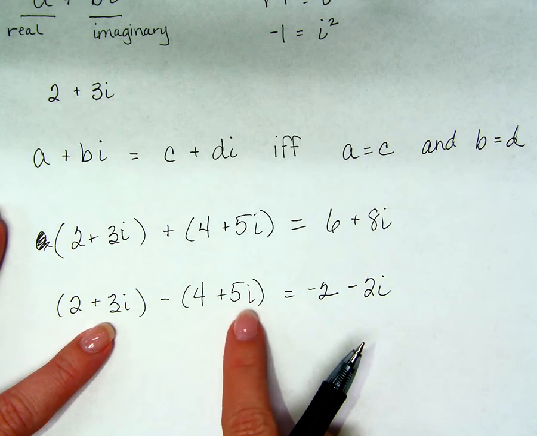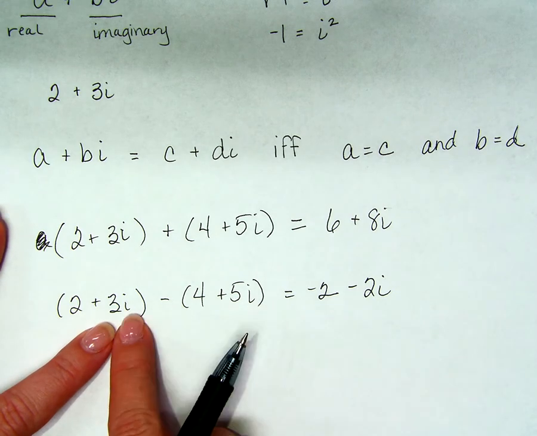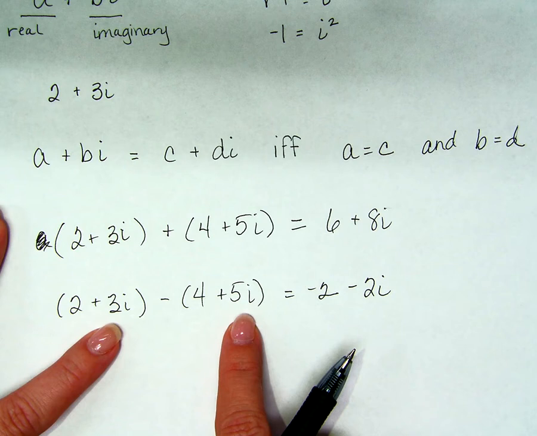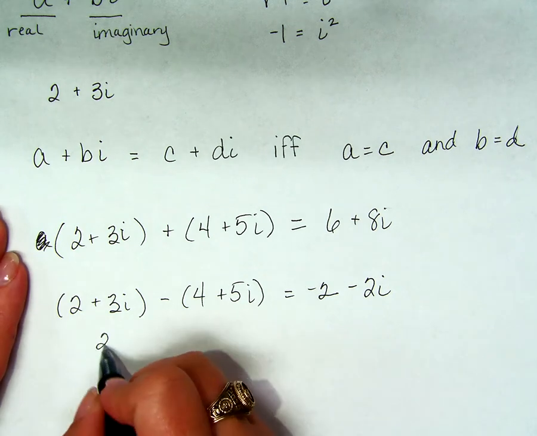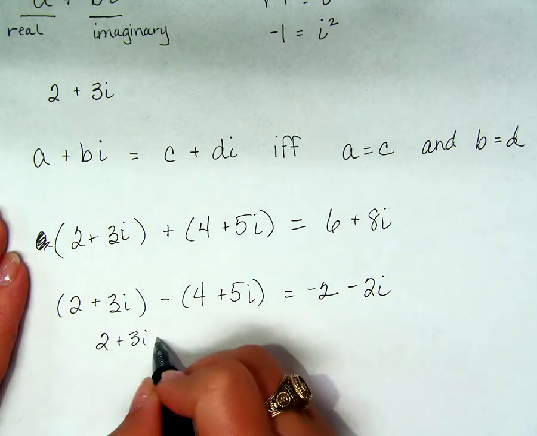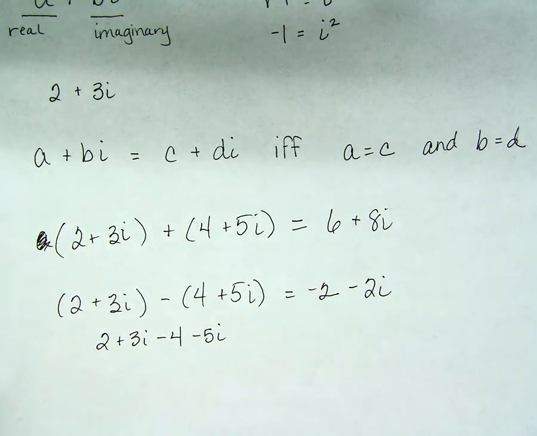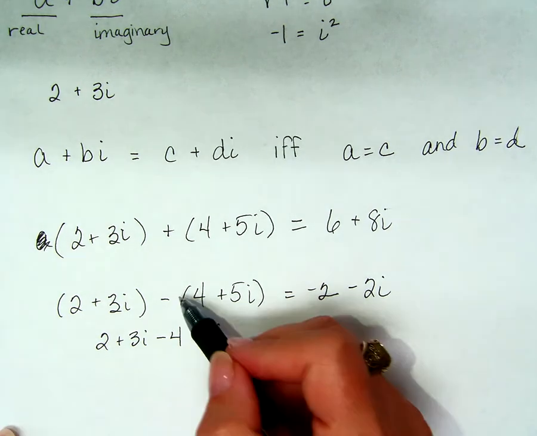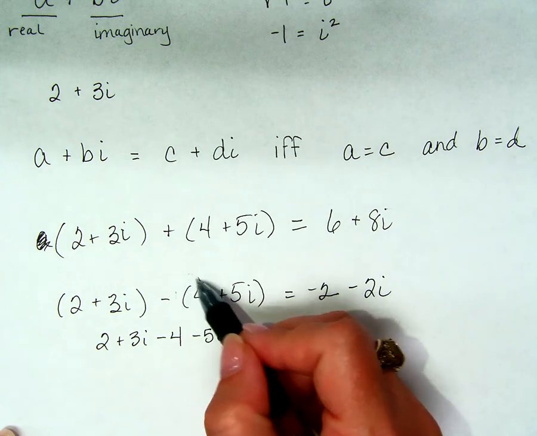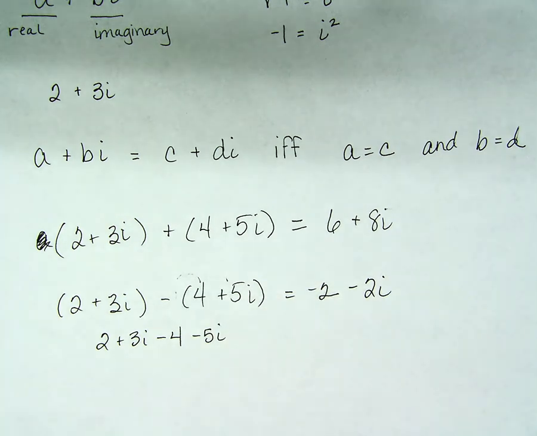That's what most people forget, is subtracting this, especially the imaginary part. Okay, we could rewrite this as 2 plus 3i minus 4 minus 5i, couldn't we? All I did was distribute the -1 that's right here, there, and there. You okay with that? Okay.